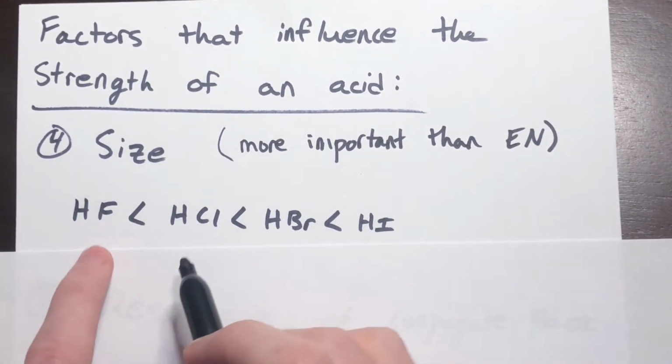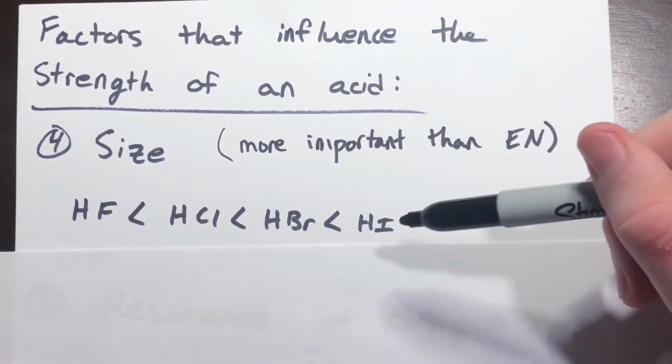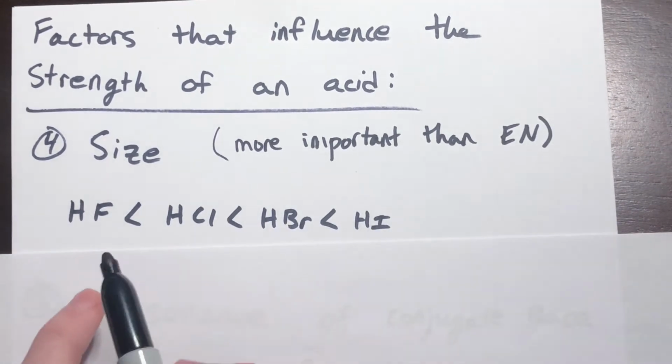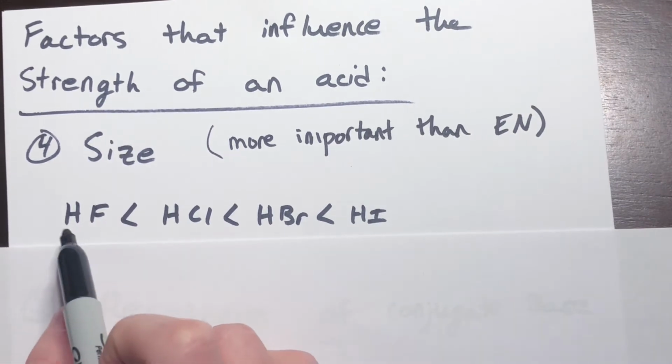So we know that fluorine is more electronegative than chlorine and bromine and iodine. So like I said, the first factor is electronegativity, so you would suggest based on electronegativity that HF would be the most acidic proton here.